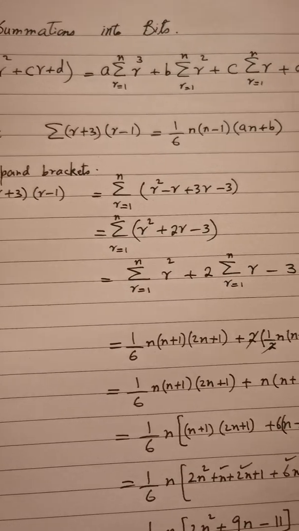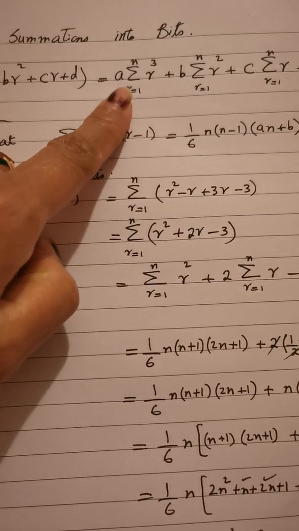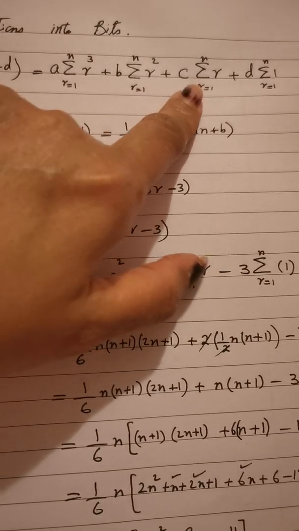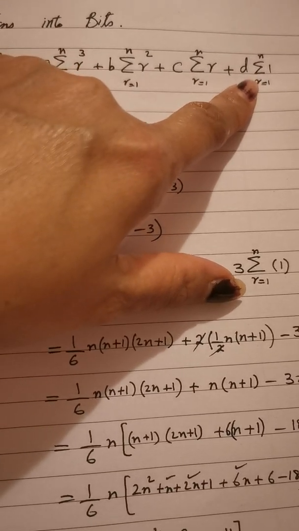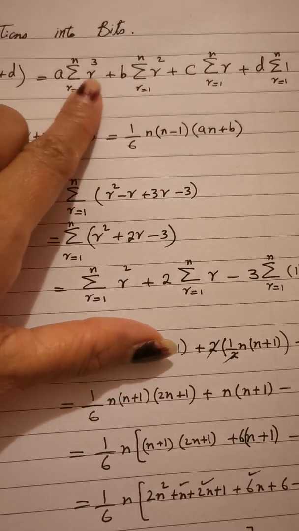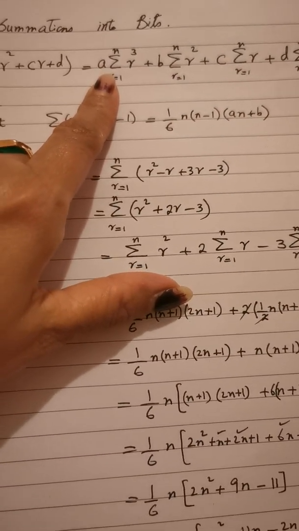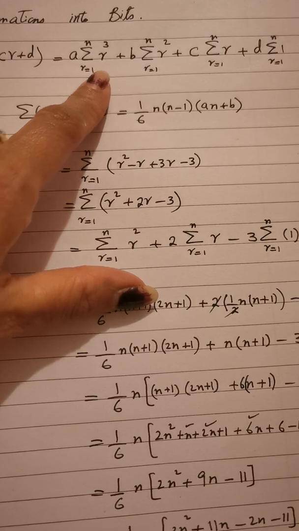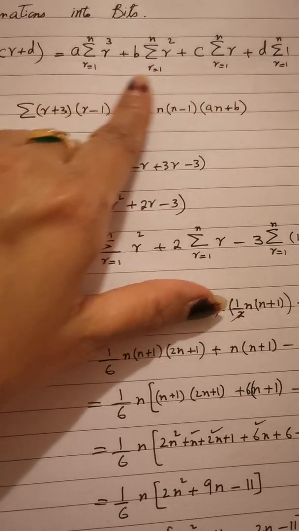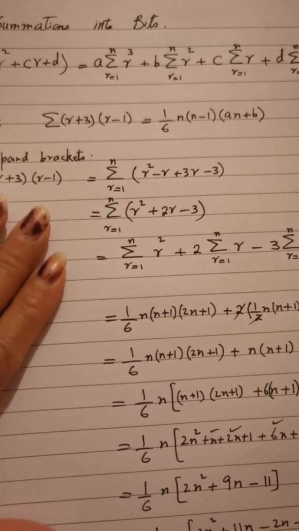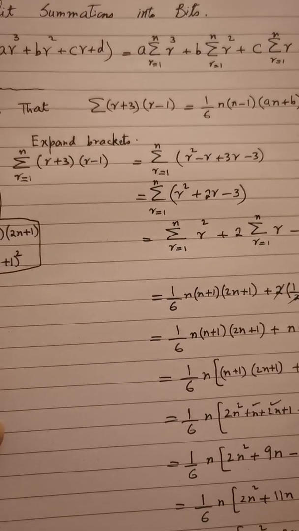After that, we know the formulas of summation of r cube, summation of r square, summation of r, summation of 1. We know these formulas, then we can easily apply the formulas here. And then in the next step, we just simplify them, multiply them, and then we can easily get the solution.